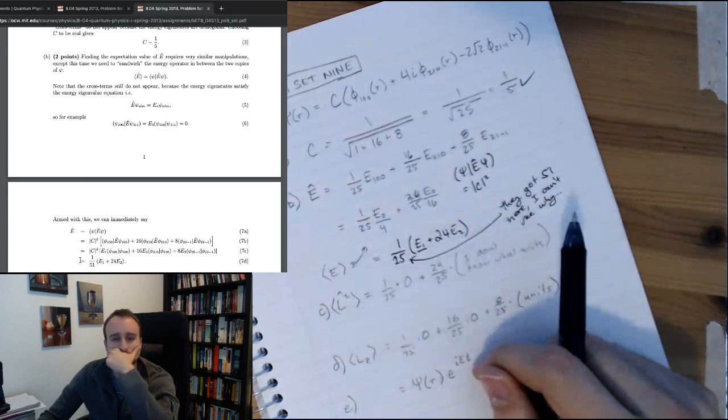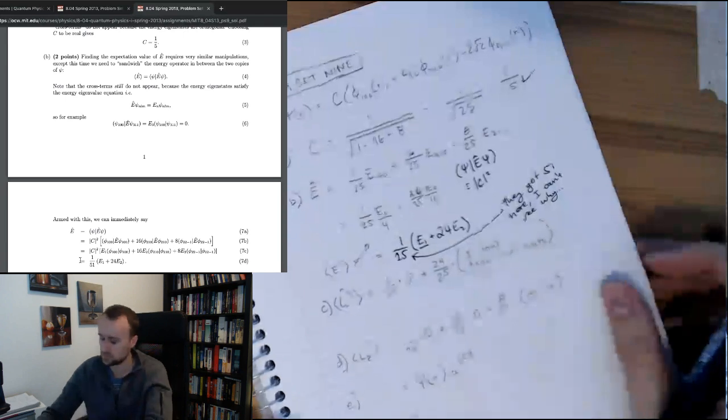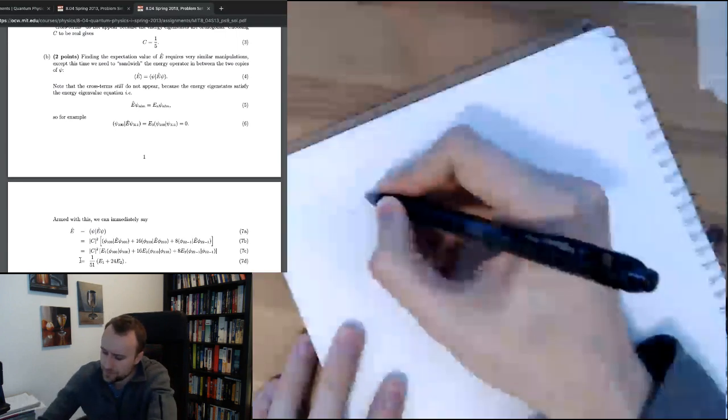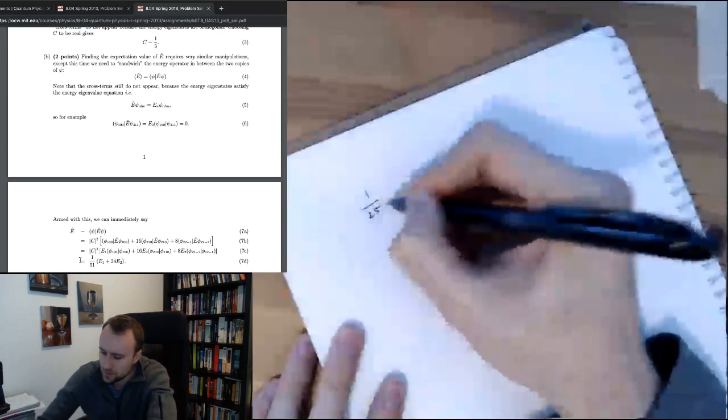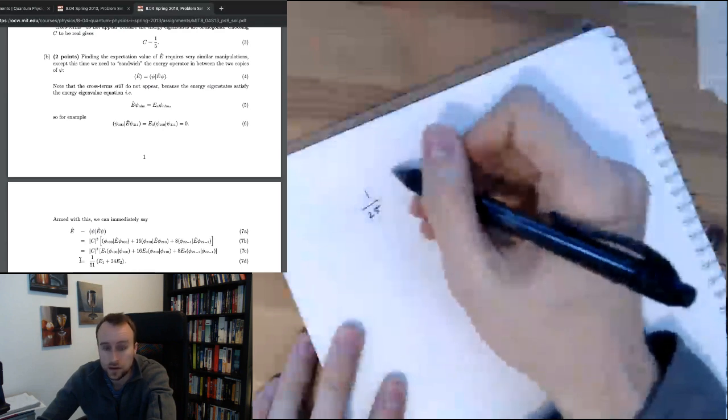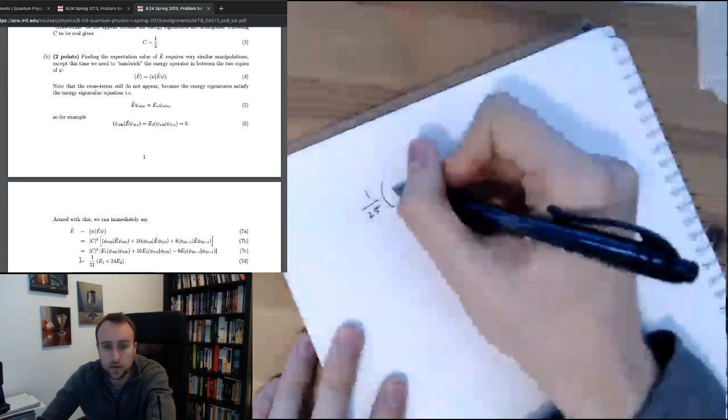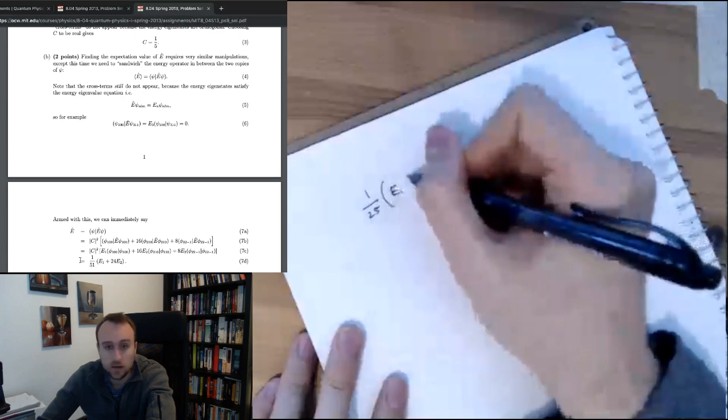All right. Let me just jot it down on this. So we have 1 in 25 times E1.